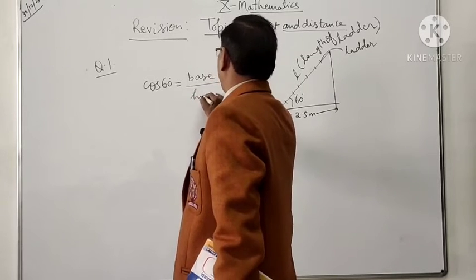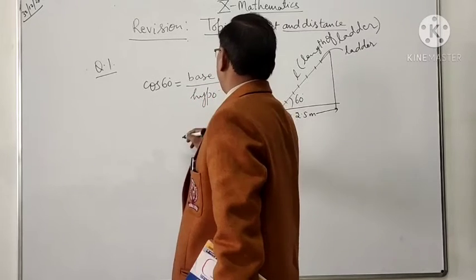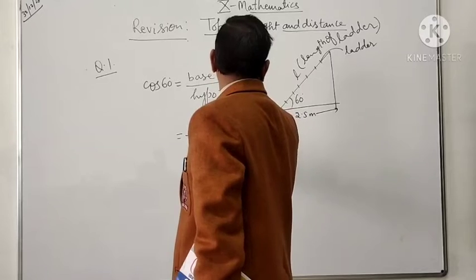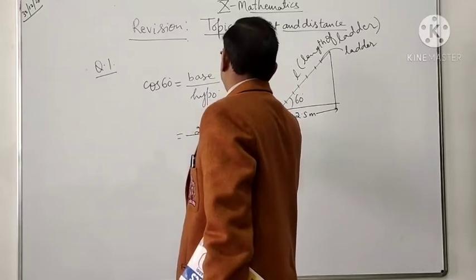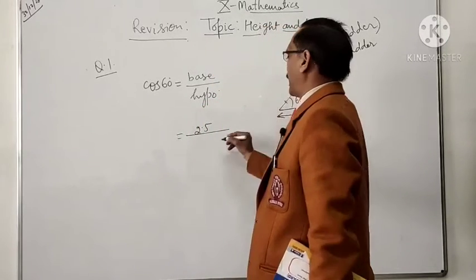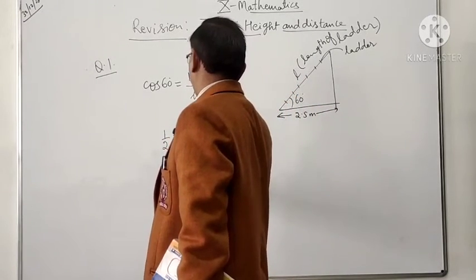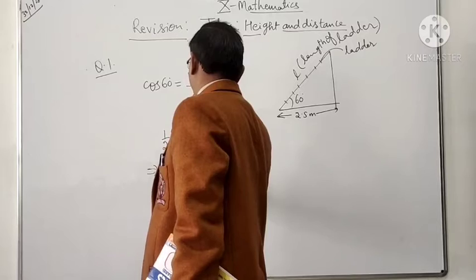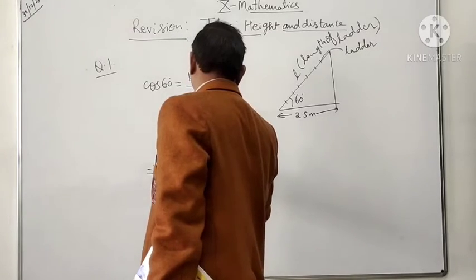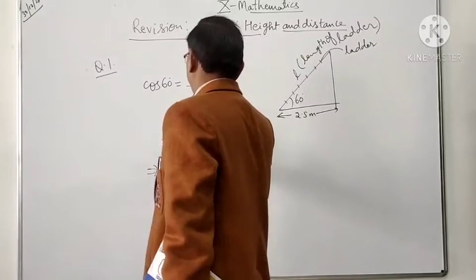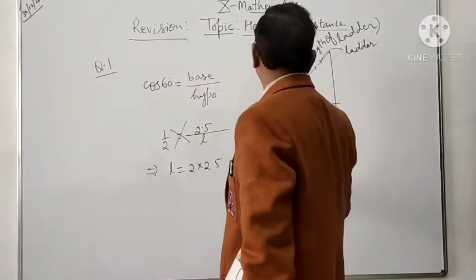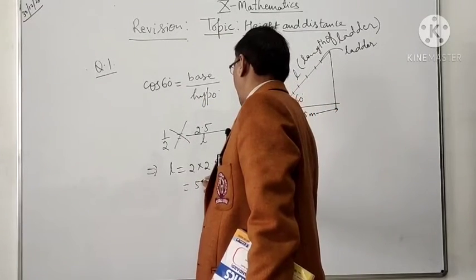Here base is 2.5 and hypotenuse is the length of ladder. Cos 60 is 1 by 2. Therefore, L equal to 2 into 2.5. Just cross multiply and we will get the length of ladder. It is 5 meter.